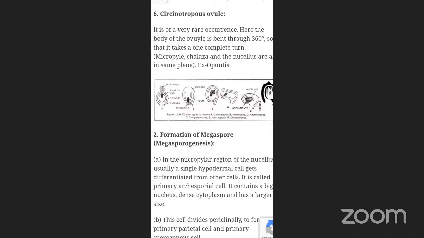It is the secondary collar-like outgrowth which develops from the funicle and surrounds the ovule almost completely by the fertilization stage.